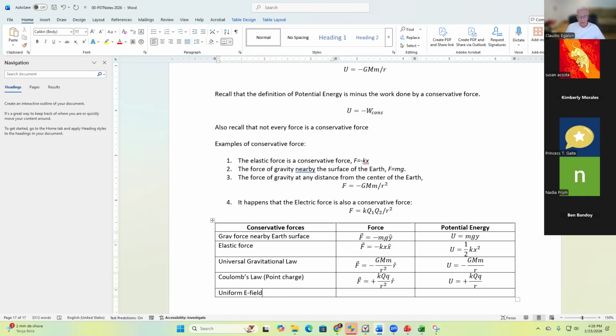Okay? And there is also a relationship between the electric field and the electric force that we saw before. Okay? Recall. And the relationship is given by the following. Here you go. F is going to be given, uniform, by q times the electric field. We saw that before when we defined the electric field. Remember that? Okay.